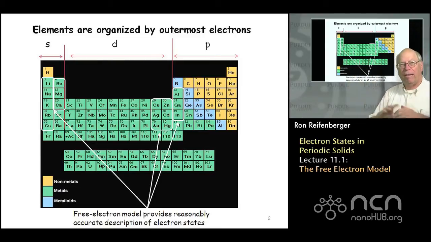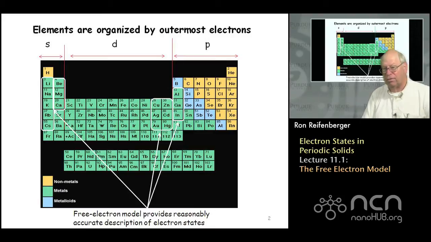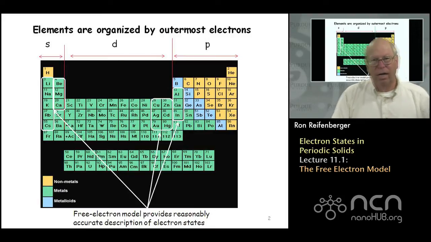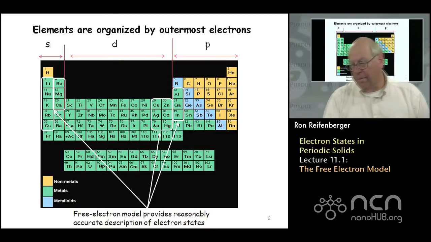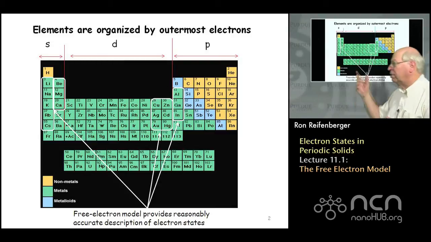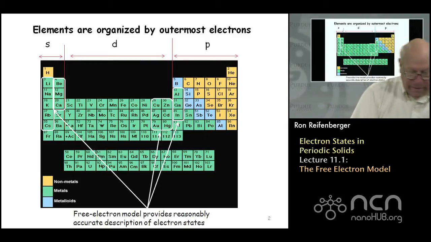These are the alkali metals, and they're probably the best examples of free electron metals. But the free electron model also does a reasonably good job of sorting out the properties of many of the other metals in the periodic table, and the ones where it does a really good, or reasonably good, job are indicated by the white boxes.